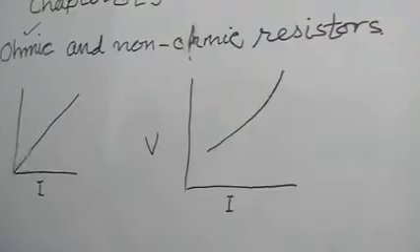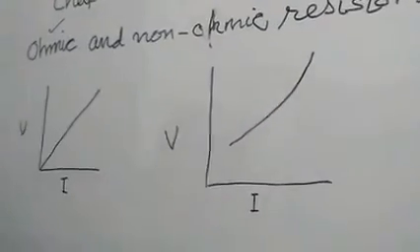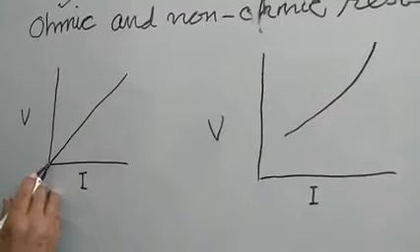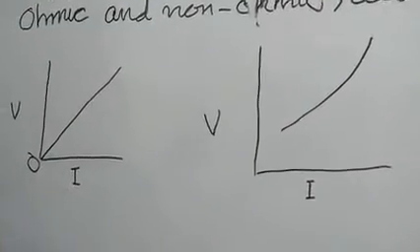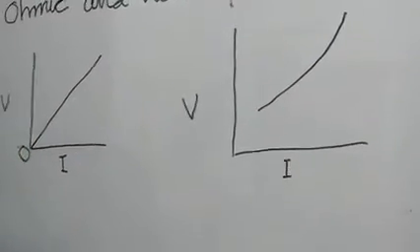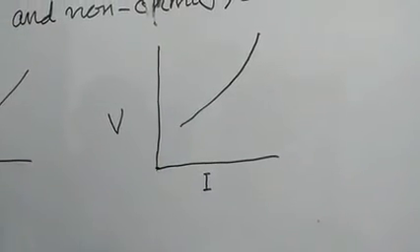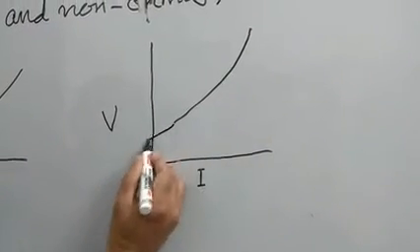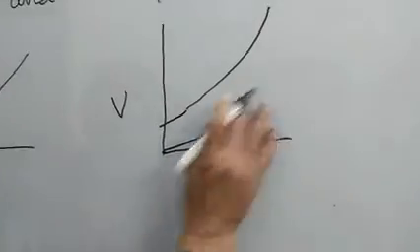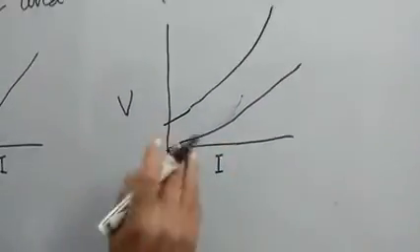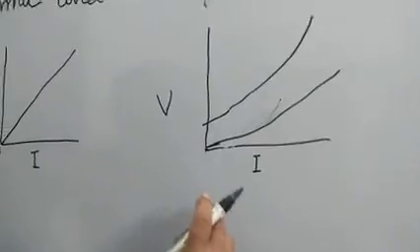Also, another thing: I had told you earlier that for an ohmic resistance, the graph must pass through the origin. But here, it may or may not pass through the origin. It may be like this only, or it could be like this. That is the difference.